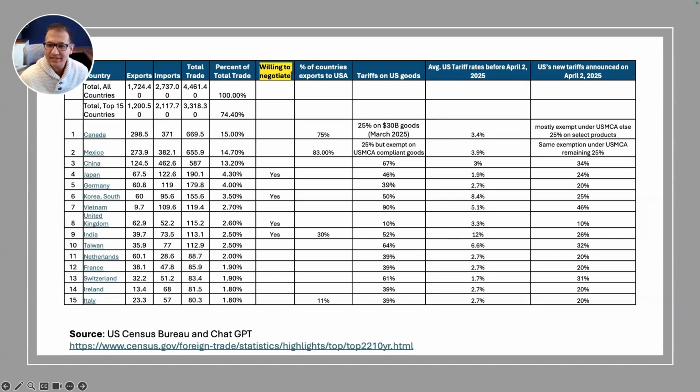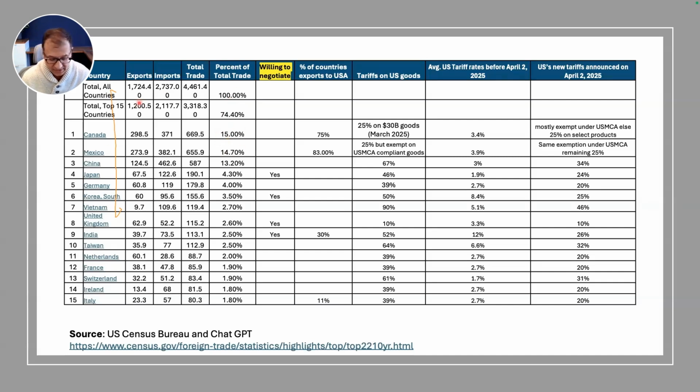So this table comes from the US Census Bureau, and I have overlaid some of my numbers to analyze what it's saying. The US has massive trade relations with every country, but in most cases, the US imports more than it exports. So these are the top countries, how much they export, how much they import, the total trade, and the percentage of total US trade from each of these countries.